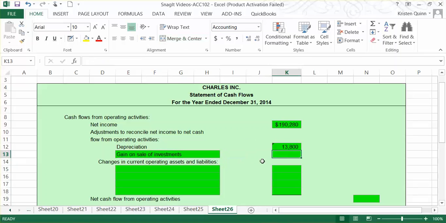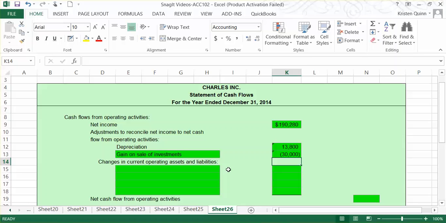We want to reverse the effect of that gain on net income. Gains increase net income, so we want to back out that $30,000. Investments are our non-current assets. Therefore, the sale of those investments will be handled in our investing section of our statement of cash flow.